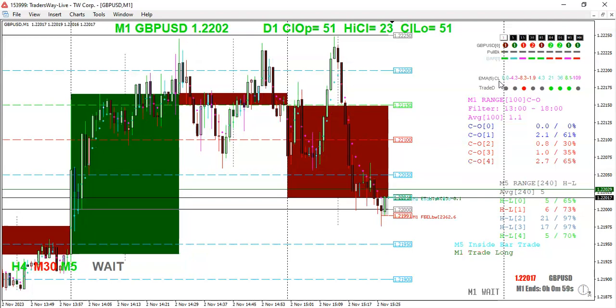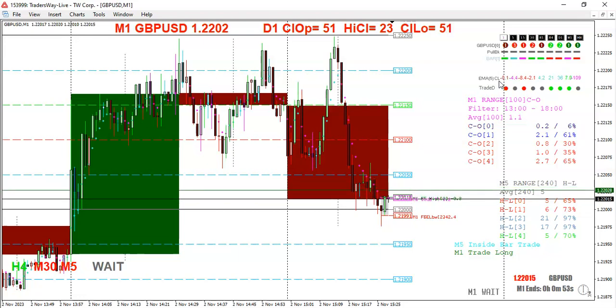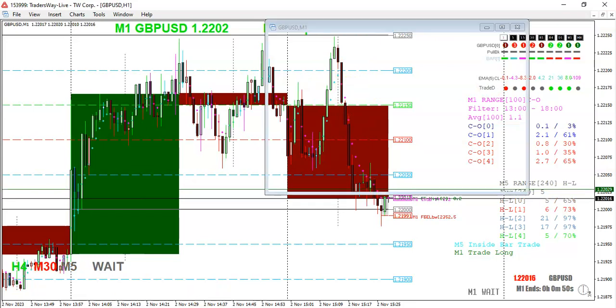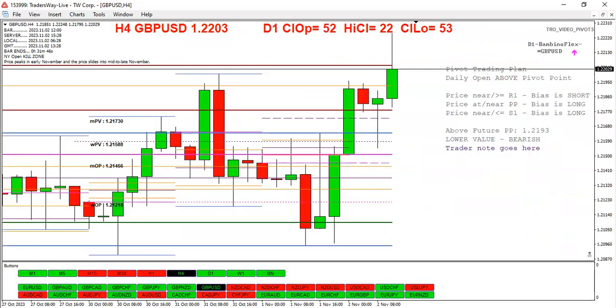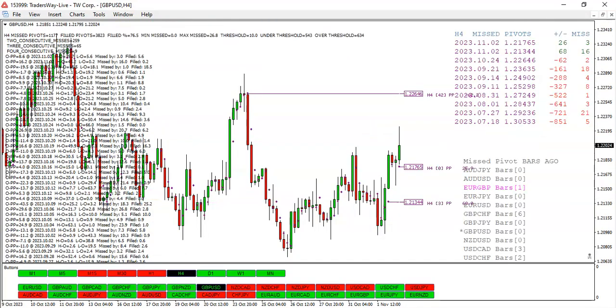Yeah. Well, that's why when I start out, I'll look at the H4 pivot chart just to see if there's any missed pivots. And if there are, that's one of my favorite plays. Right here, we had this missed pivot from a couple of days ago.